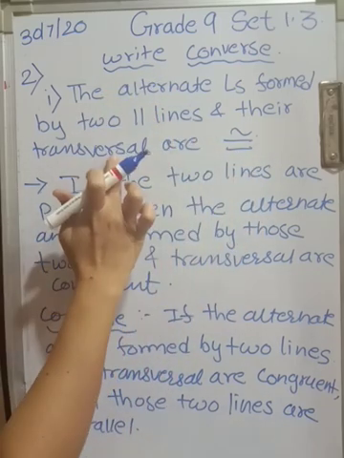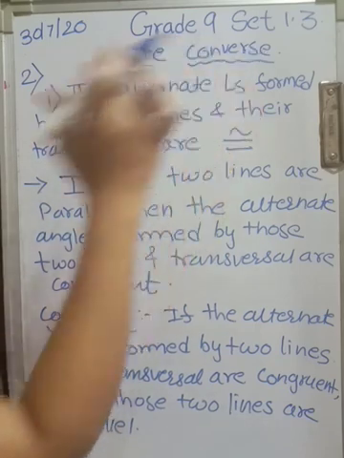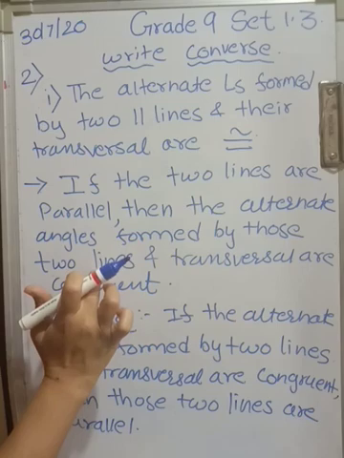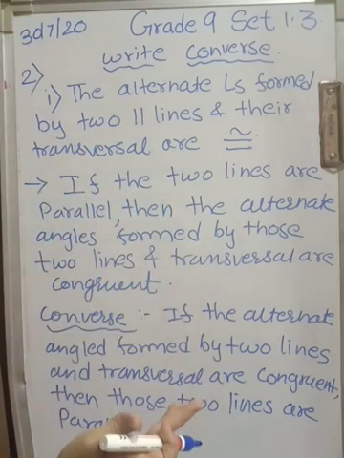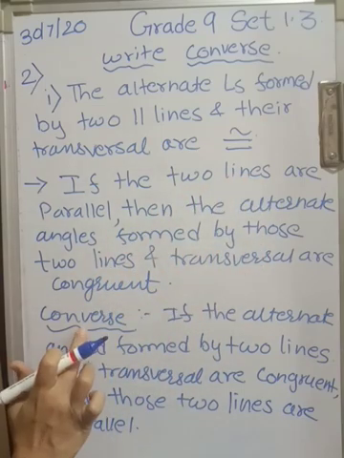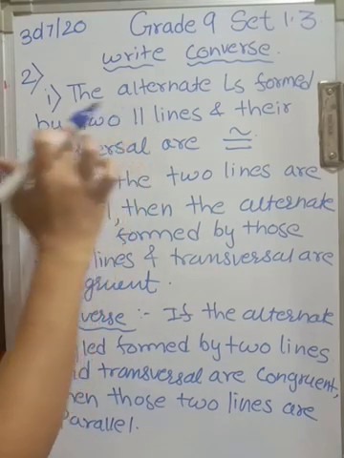This is the first statement they have given. Whenever it has been asked to write the converse, I would prefer to write the if and then form first, and then just interchange the antecedent part and consequent part to get the converse. This becomes very easy. So first let me convert this into the if and then form.